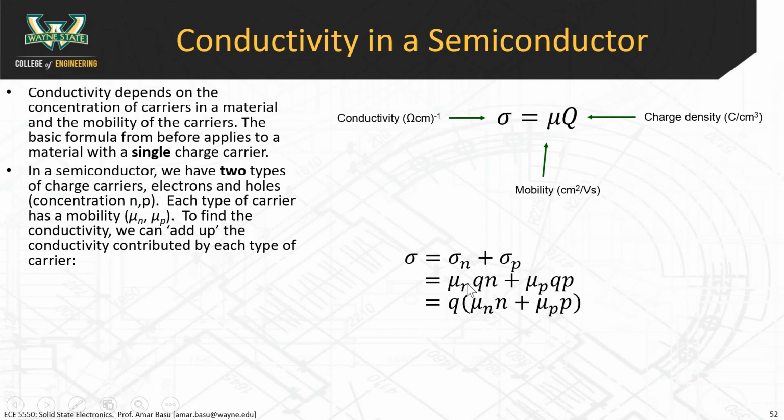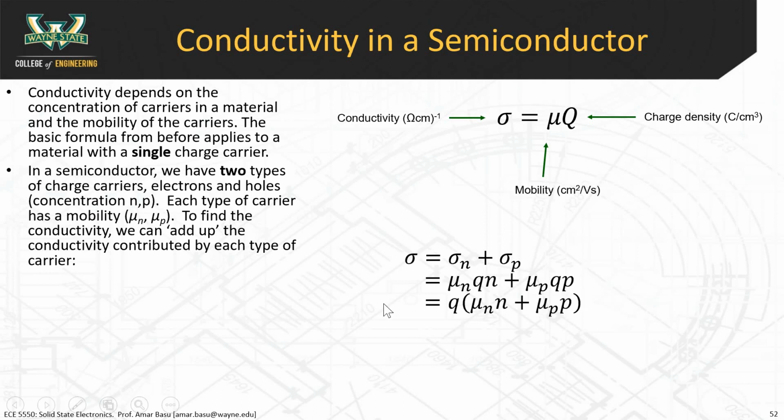To find the conductivity of electrons, you use this general formula up here. You multiply the mobility of the electrons by the charge density of electrons. To find charge density, you take the concentration of electrons and multiply it by the fundamental constant q, 1.6 times 10 to the negative 19, the charge of a single electron. So this is the conductivity due to electrons, mu n times q times n. And the second term here is the conductivity due to holes, mu p times q times p.